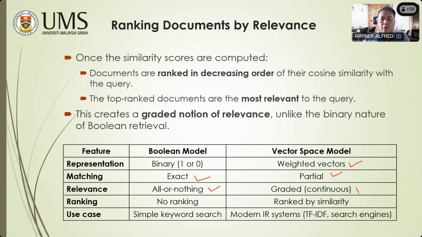This one is based on the similarity that we have. There is no ranking because you have all true. For this one, you can perform ranking because they will have different degrees of similarity. The use case for this is keyword matching, and this one is used for search engines.